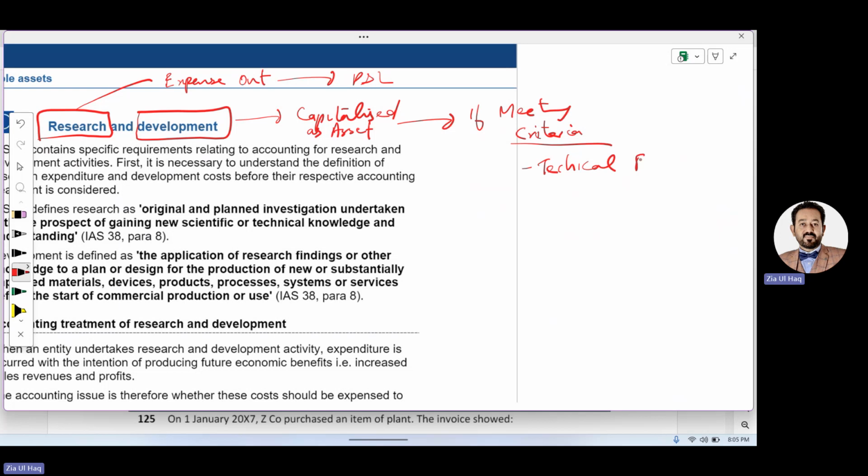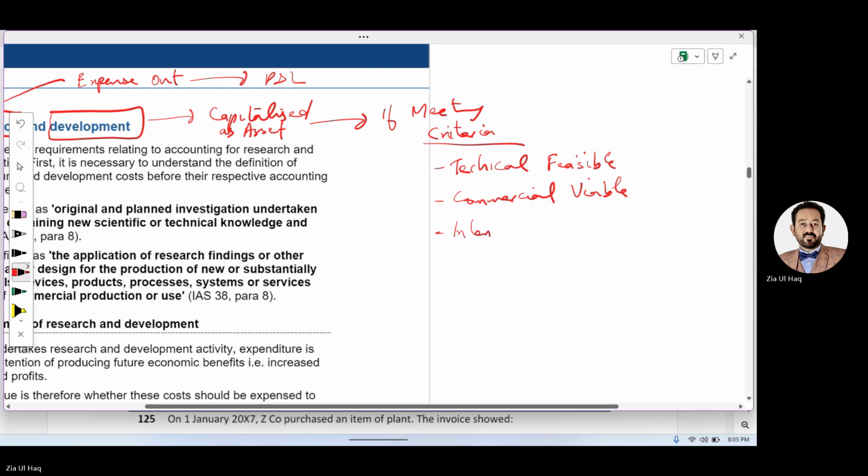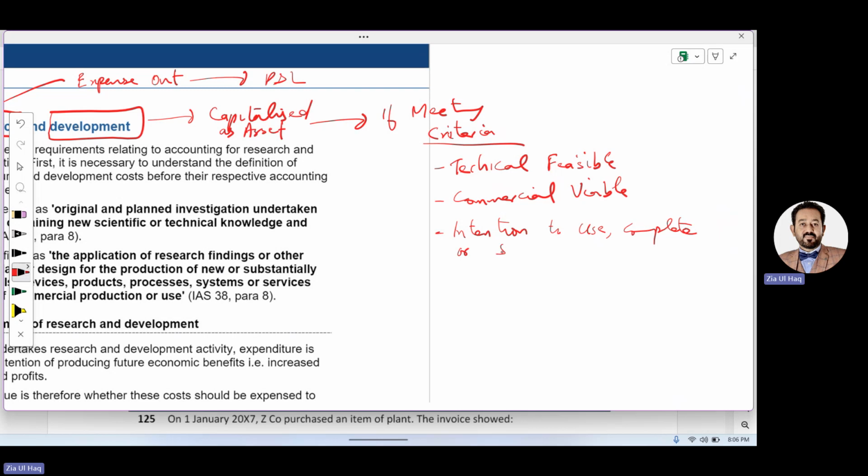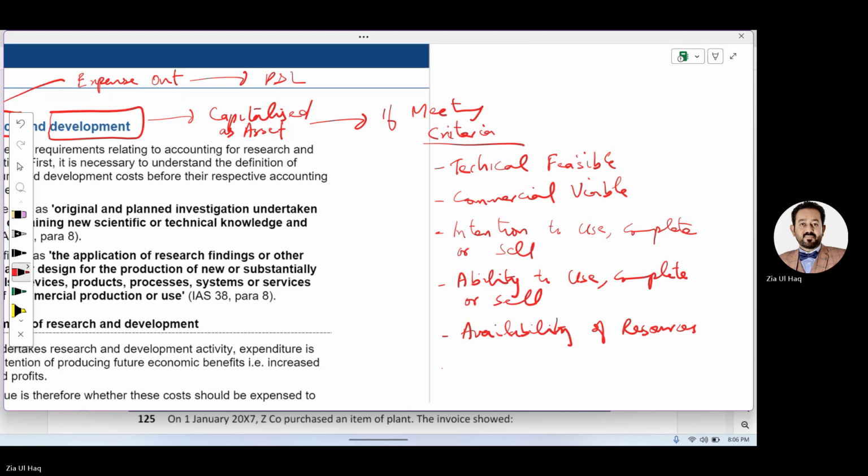Technical feasibility, commercial viability, intention to use, complete, or sell, ability to use, complete, or sell, availability of resources, and cost can be measured reliably.